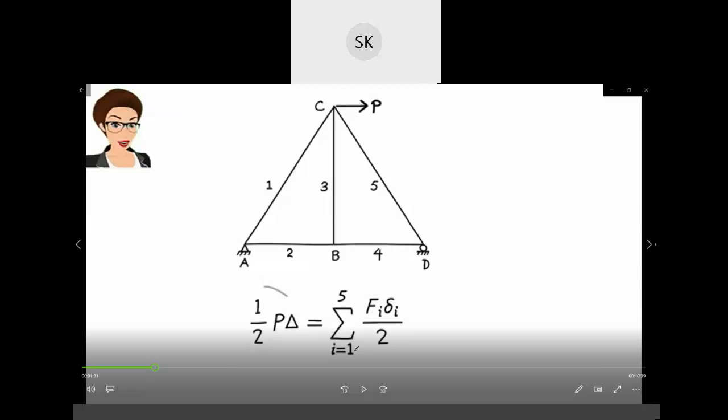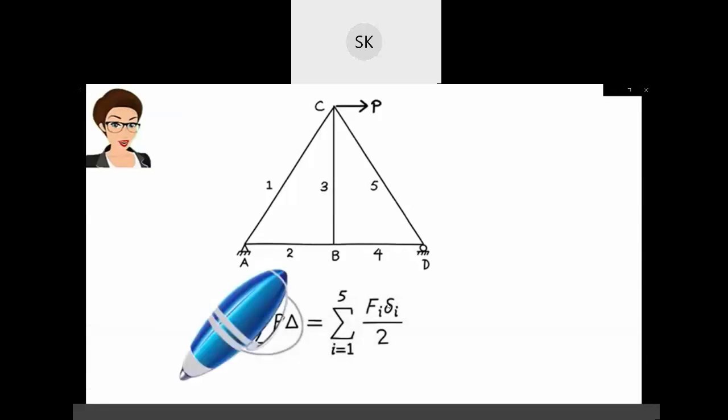So you can write F1 delta 1, that is force in member 1, deflection in member 1. F2 delta 2, force in member 2, deflection in member 2. F3 delta 3, like this. The summation of all divided by 2 will be equal to your external energy, which is half P delta.